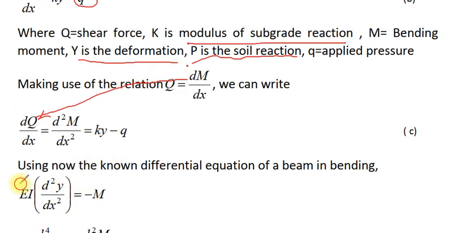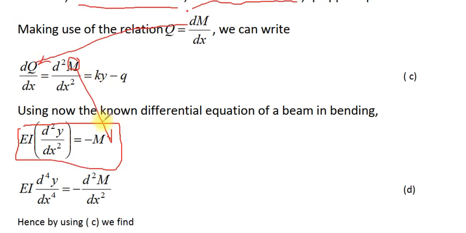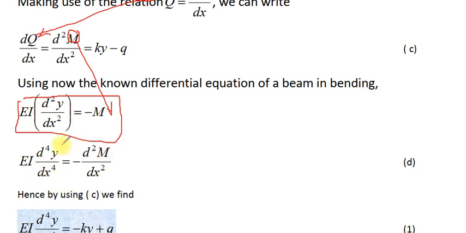Now use the following equation for curvature of beam: EI d squared y over dx squared equal to minus M. Now replace M with minus EI d squared y over dx squared, so the fourth order differential equation of y with respect to x equals minus the second order differential equation of M. Replace this in the previous equation.